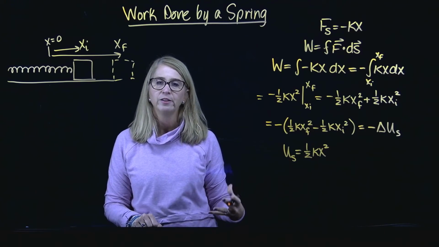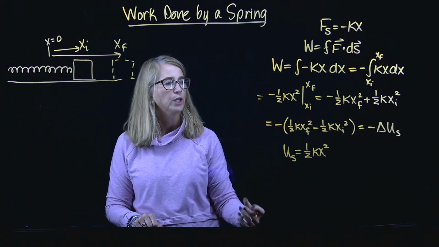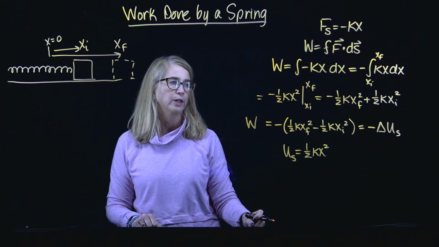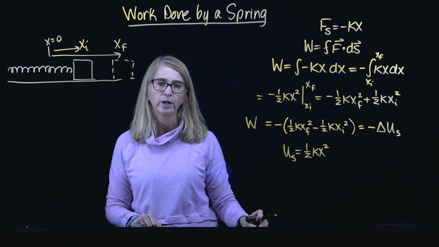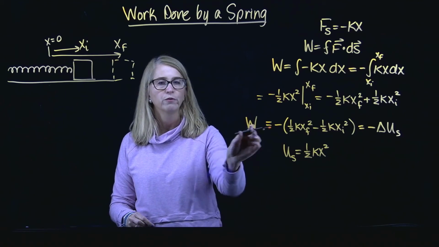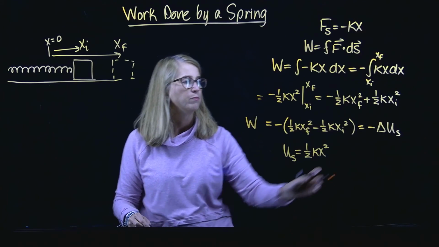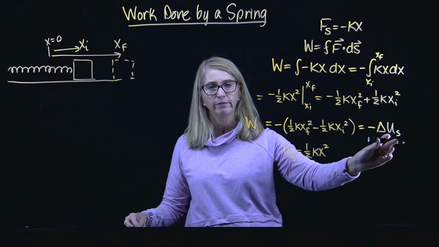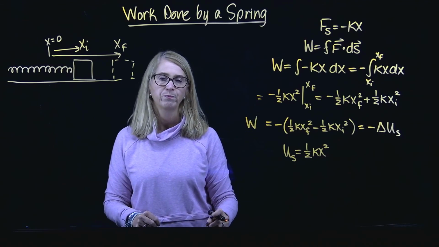And so again, just like we had for gravity, there's a relationship between the work done by the spring and its change in potential energy. It's the same in that in order for the work to be positive, the change in the potential energy of the spring will have to be negative, and vice versa.